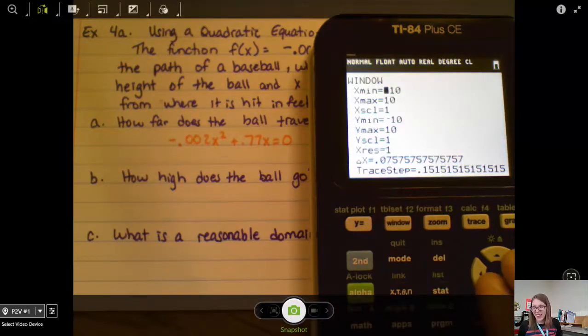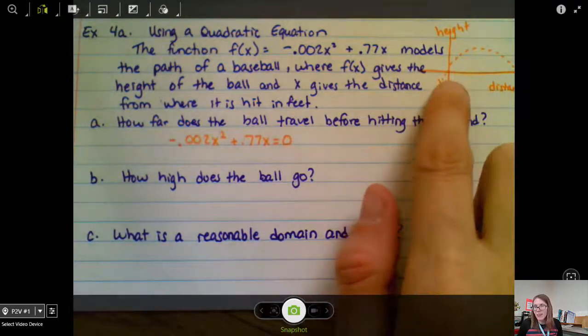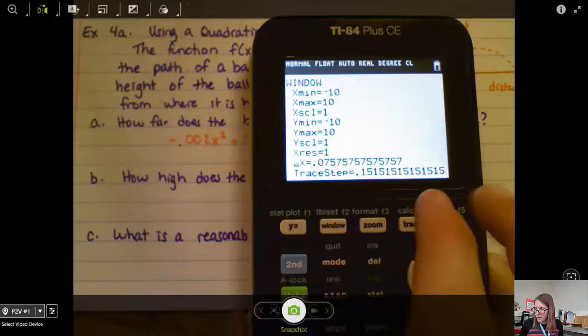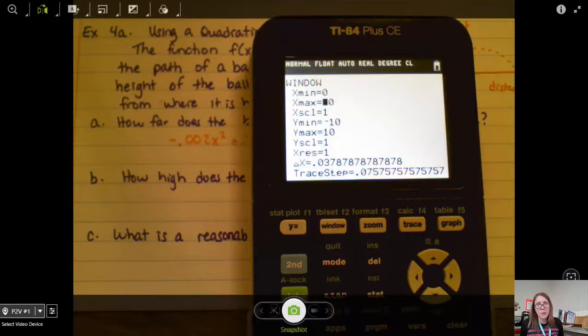First of all, if I am talking about x values as my distance the ball traveled, I'm not going to go a negative distance. So x min, let's make this 0. X max, well, I'm assuming this ball probably goes a decent length, so let's maybe change this x max to, I don't know, 200 feet.